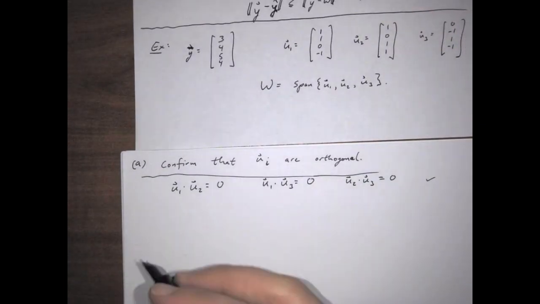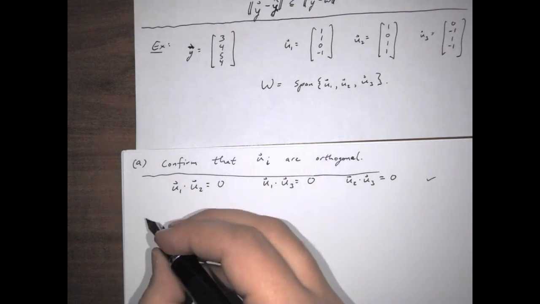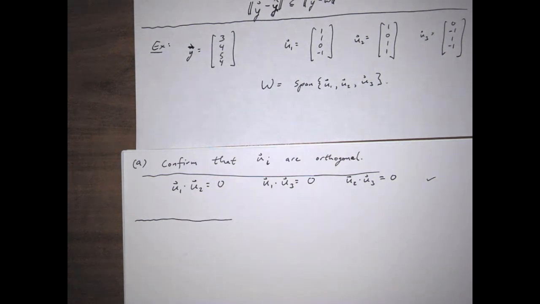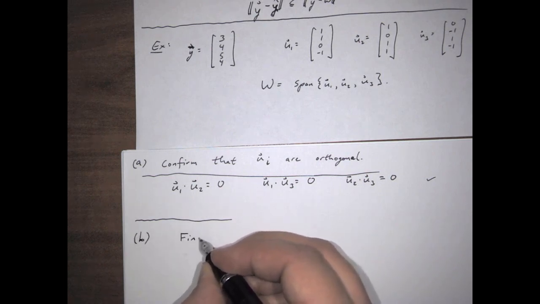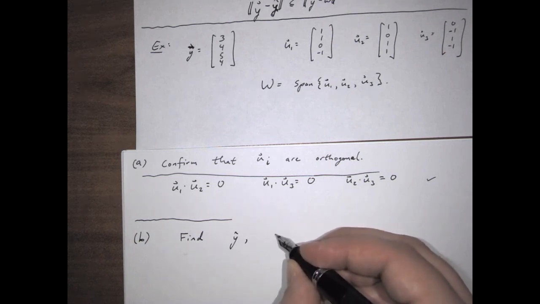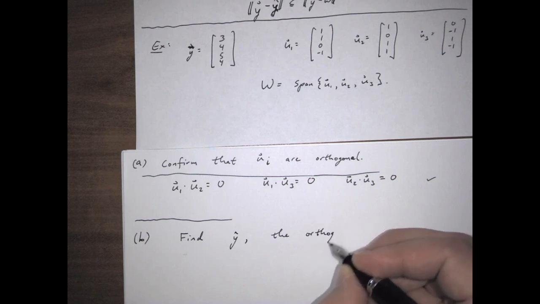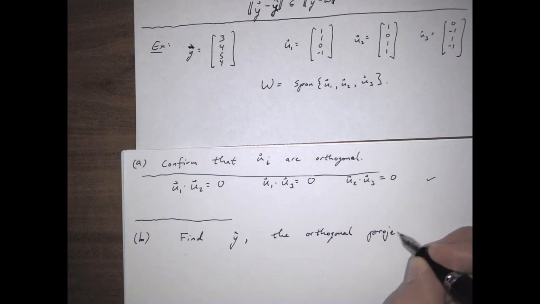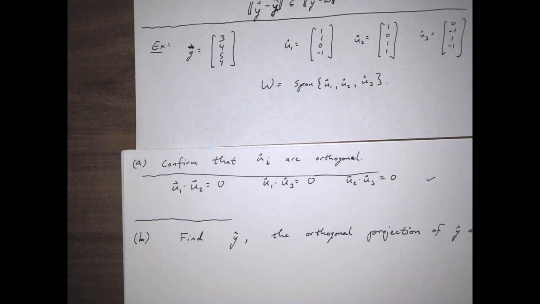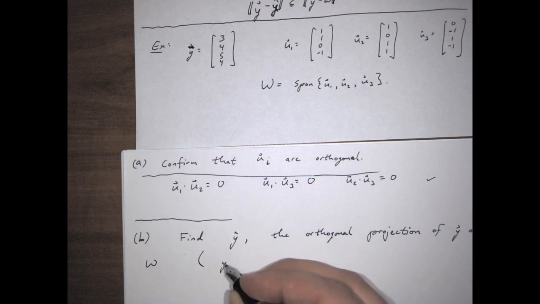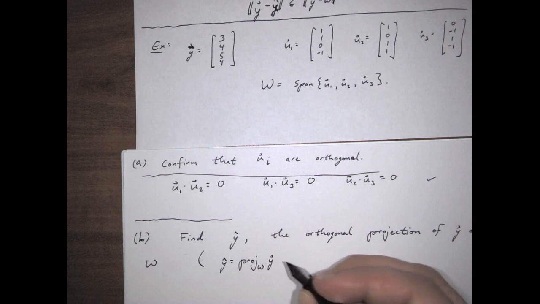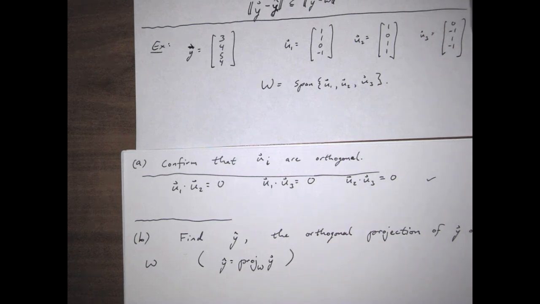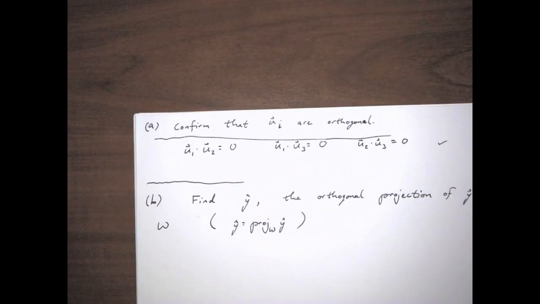So let's find the orthogonal projection of y onto W. B: find y hat, the orthogonal projection of y onto W, also known as y hat, which is projection W of y.